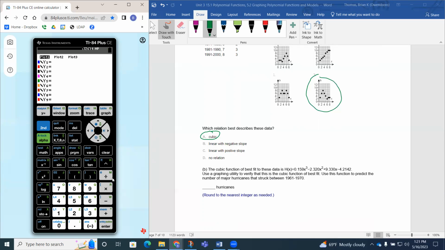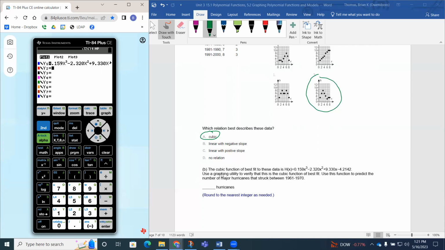Y equals 0.159 x cubed minus 2.32 x squared plus 9.33 x minus 8. So that's in the calculator.